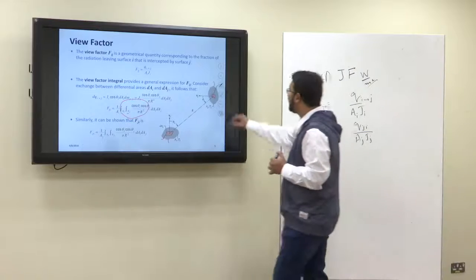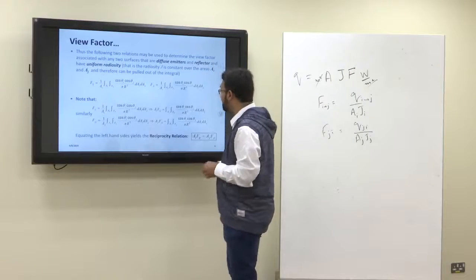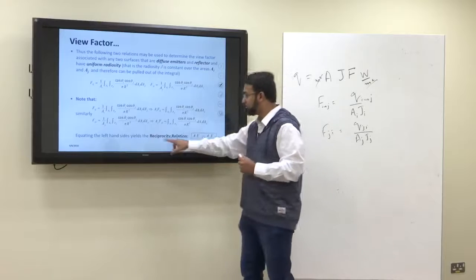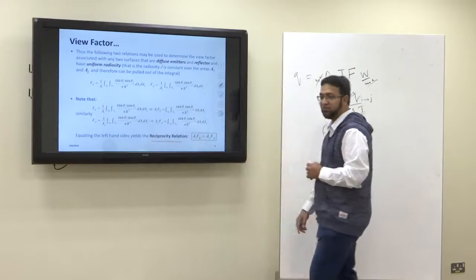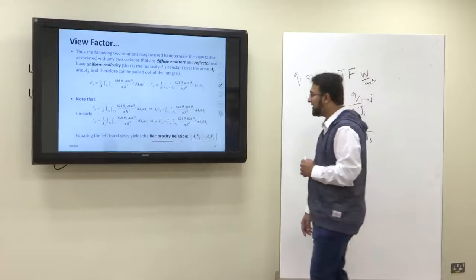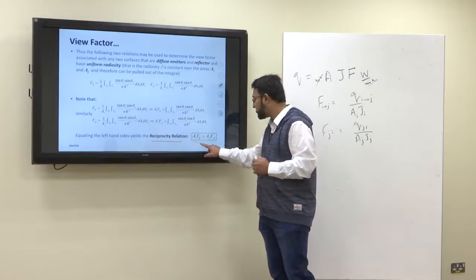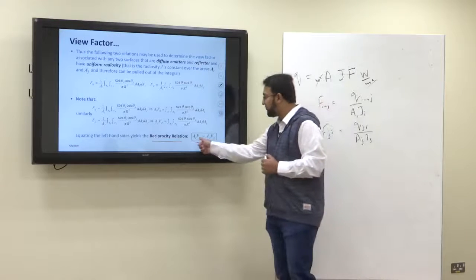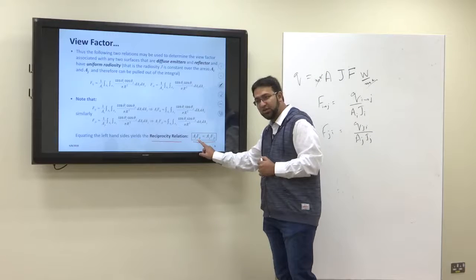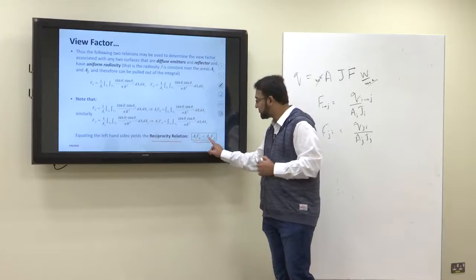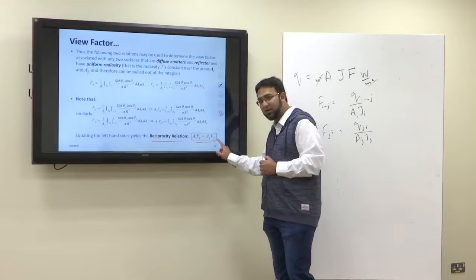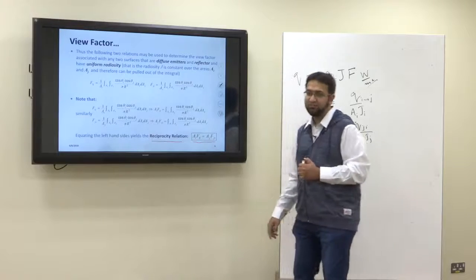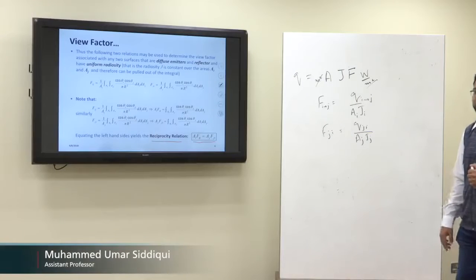When this term becomes common, we end up with a relationship known as the reciprocity relation, which says that A I F I J equals A J F J I. The view factor of I with respect to J multiplied by the area of I is equal to the view factor of J with respect to I multiplied by the area of J. This is a very important relationship which we will be using a lot.